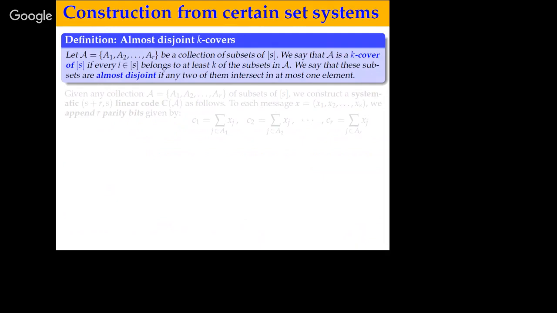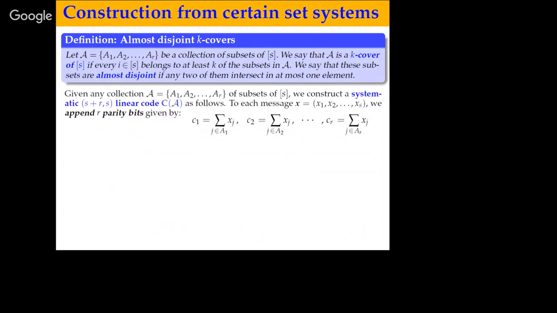Any i from S appears in at least K of these sets, and I say it's a K cover. The other property is, well, they can be disjoint, but I can allow a bit of overlap. I want them to be what I call almost disjoint. What does it mean? If I take any two sets, either they're disjoint, or they overlap in at most one element. Okay, so if these two properties are satisfied, then this is a K uniform linear hypergraph. I'll call it an almost disjoint K cover.